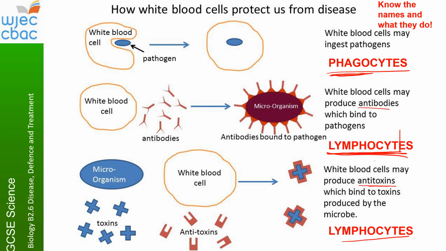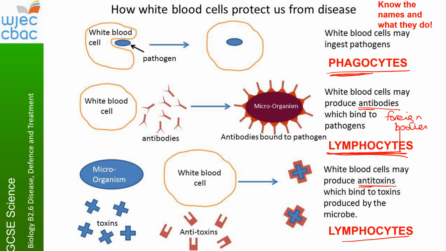So we've got antibodies and antitoxins. Just to let you know, that word anti means against, okay? So antibody, you might think it's against your body, but it's not. It's actually against foreign bodies. So antibodies attack foreign bodies. So a foreign body could be, as we've suggested before, a microbe, a pathogenic microbe.